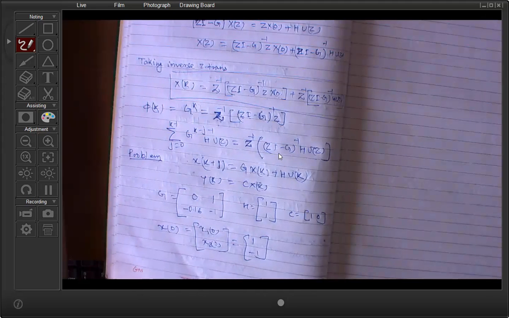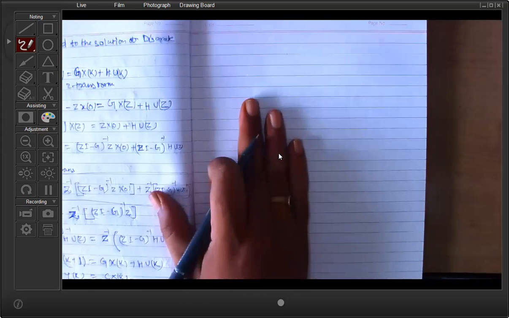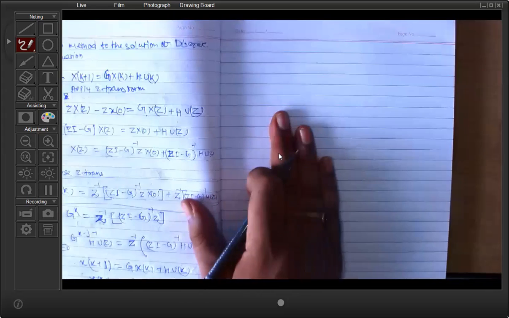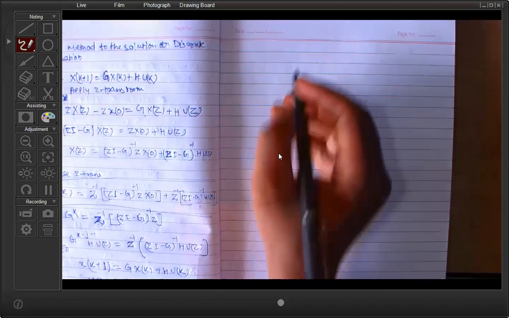Okay, so what is the formula of the state transition matrix in discrete time domain? What is the formula of the state transition matrix in a discrete time system?